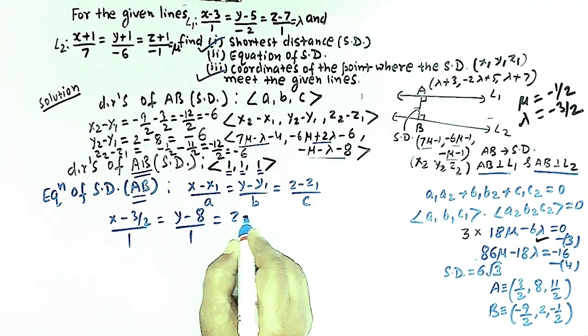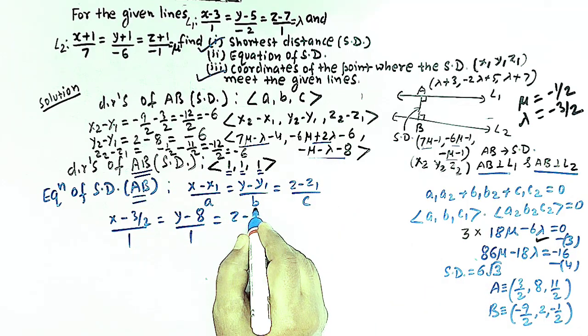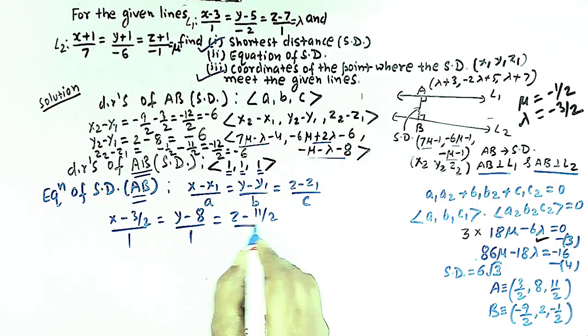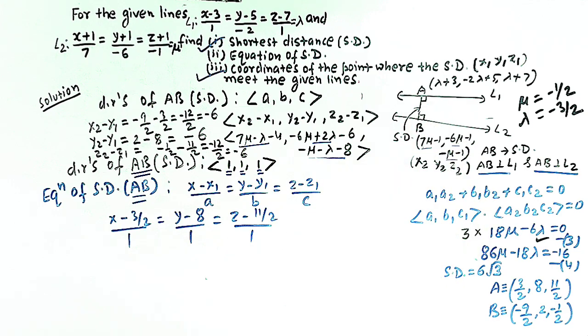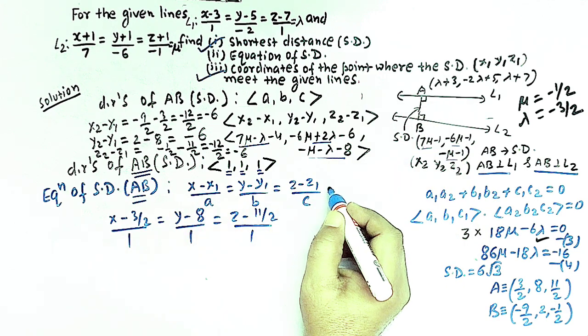Then we have z minus z1, z1 is 11 over 2, and c is 1. So this is the required equation of the line of shortest distance AB in symmetric form.